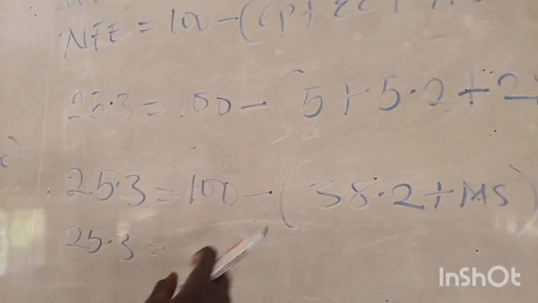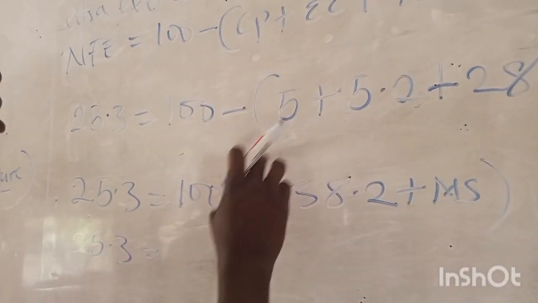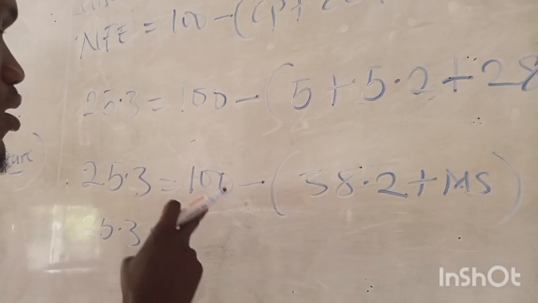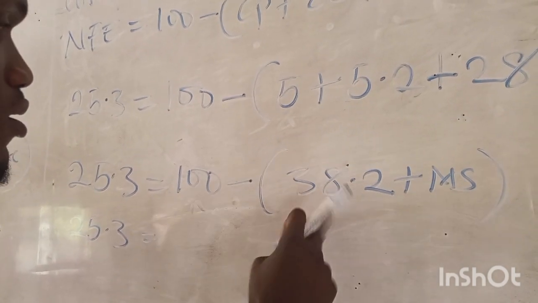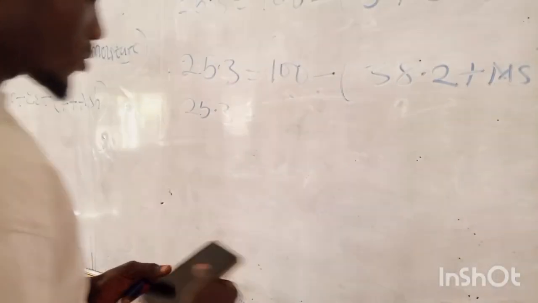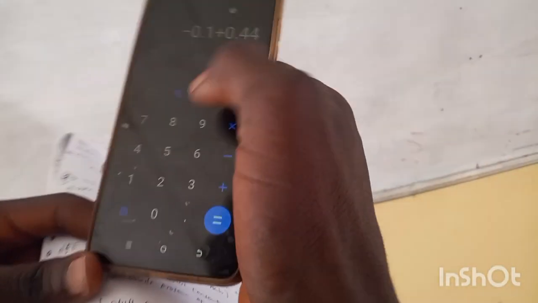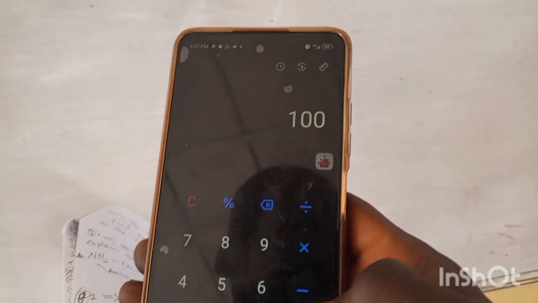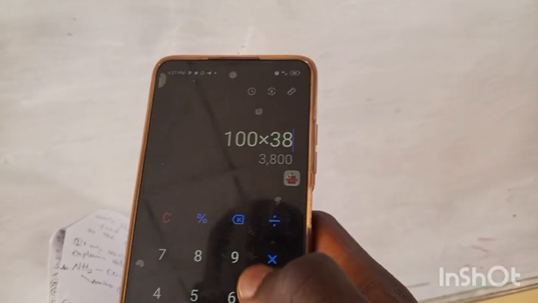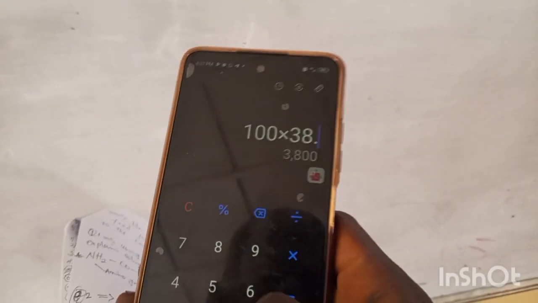Now remember, all of these things, they are attached to the minus here, not the 100. So we can say 100 times this. Let me use my phone as a calculator. Sorry for that. So we are having 100 times 38.2.